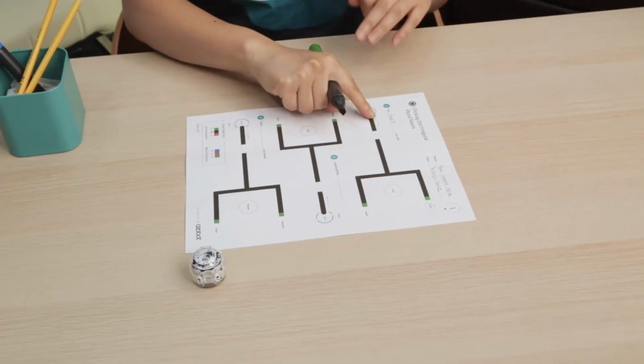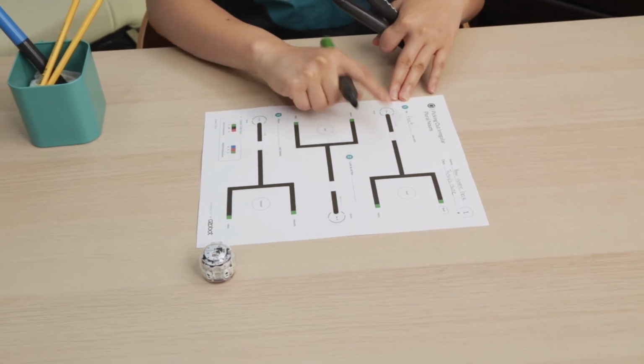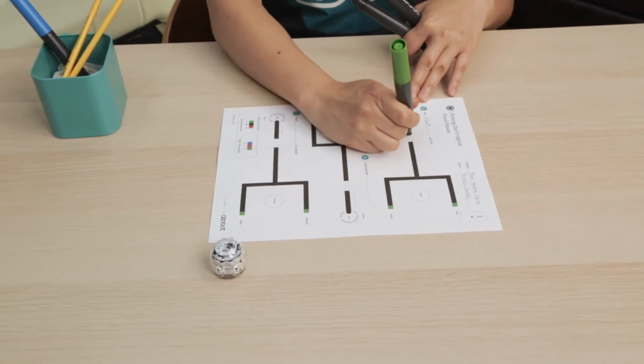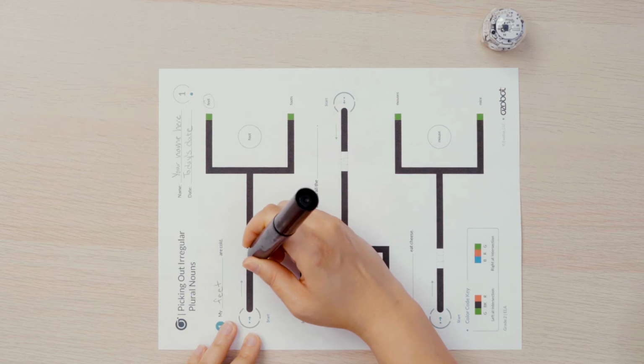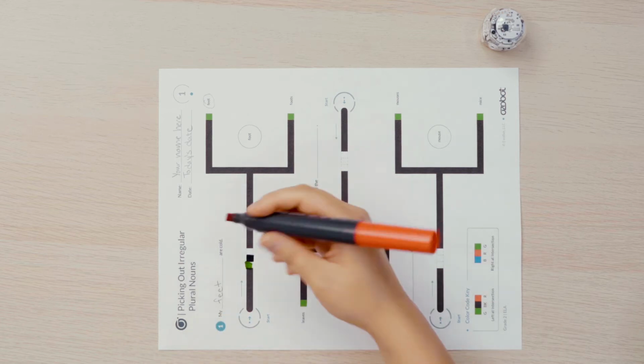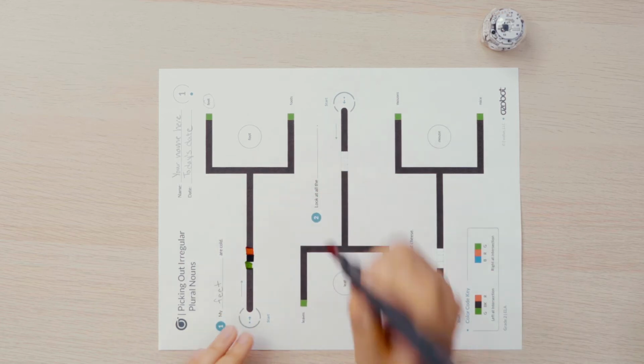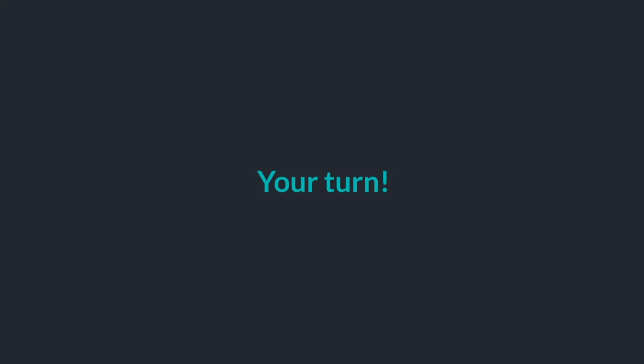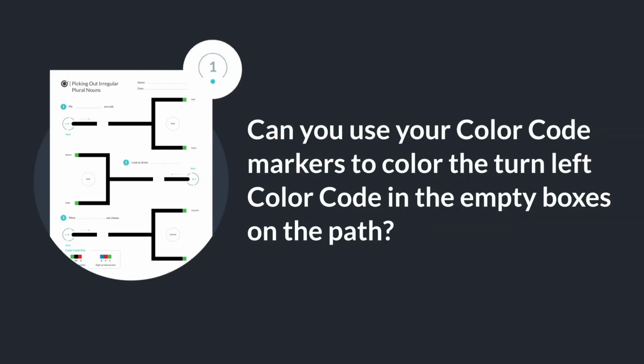I remember that my bot is traveling from start, so I will start with green, move to black, and finish with red. Can you use your color code markers to color the turn left color code in the empty boxes on the path?